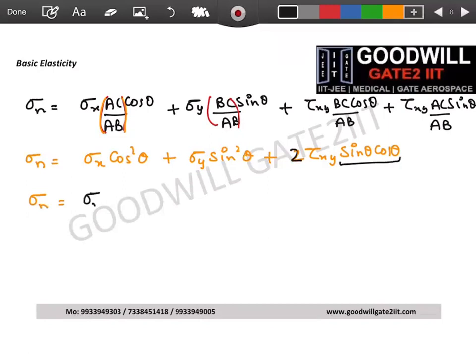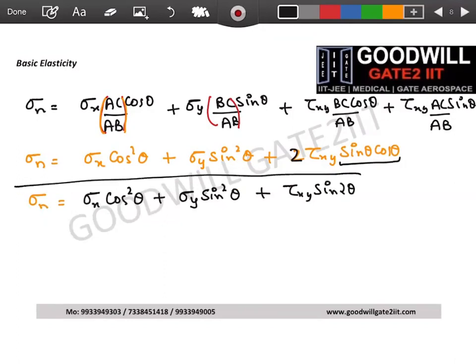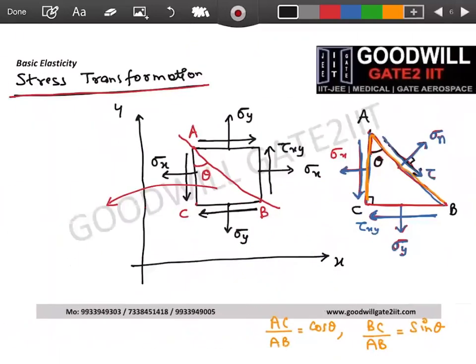Many books write this as one formula to remember. I never use this formula. I'll give you another form, because in the end we need to study Mohr circles also, so I will try to keep all my equations in one format. But this is one formula for calculating normal stress on any plane at an angle theta.